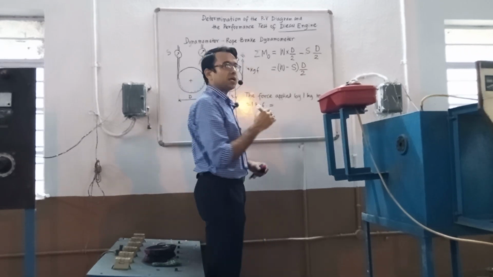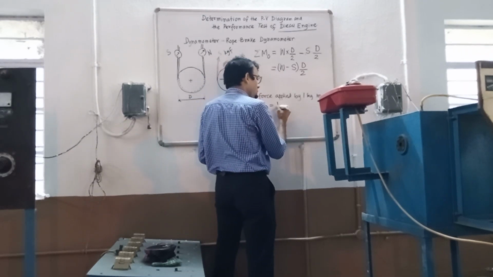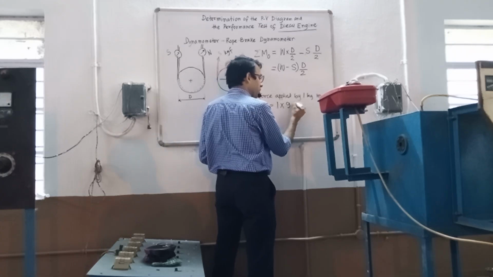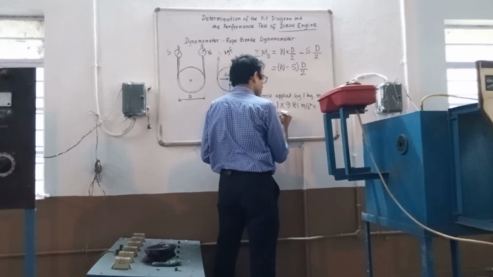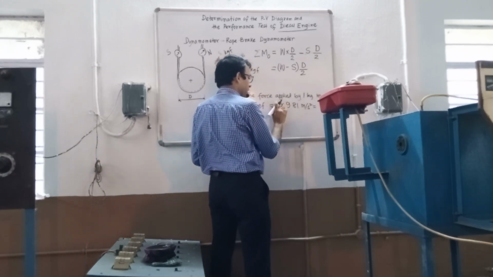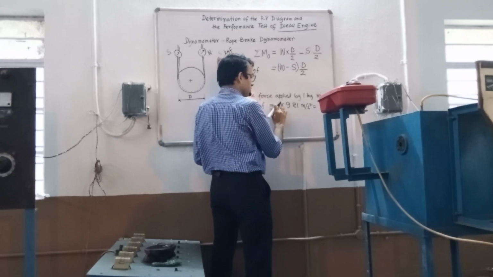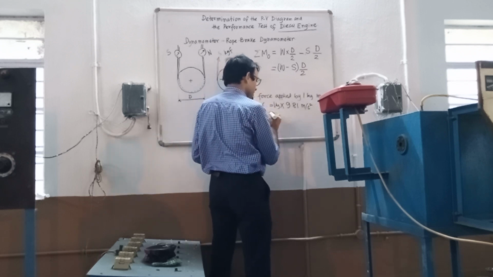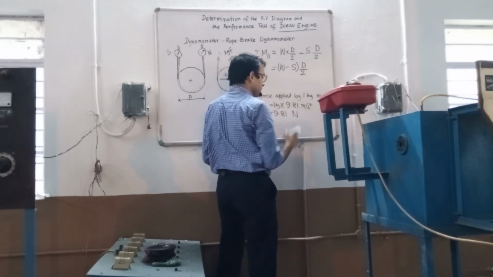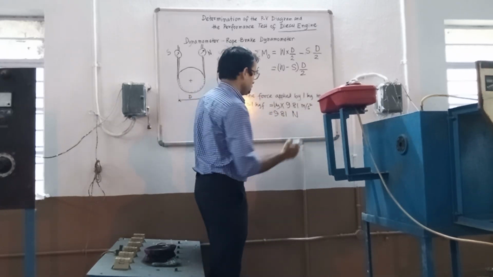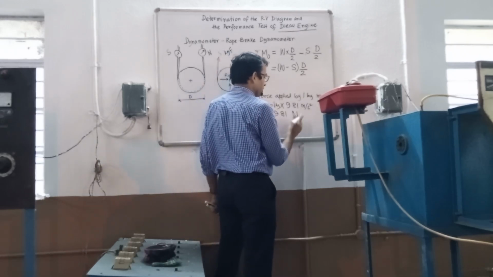Force is equal to mass into acceleration. So it is 1 kg multiplied by 9.81 meter per second square. Kg meter per second square means Newton, so this is 9.81 newtons.